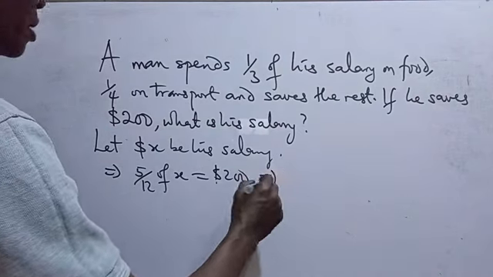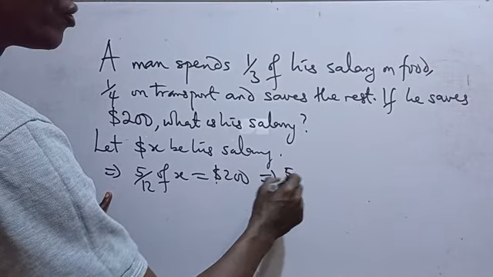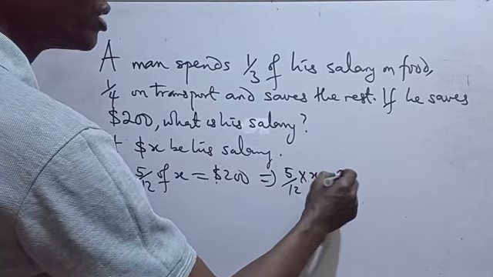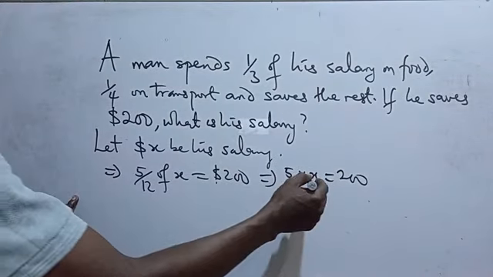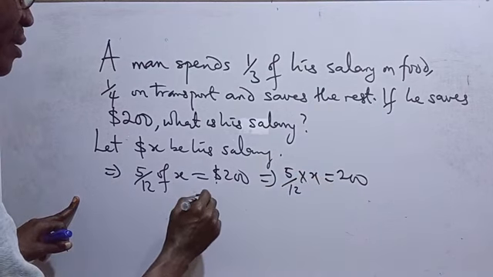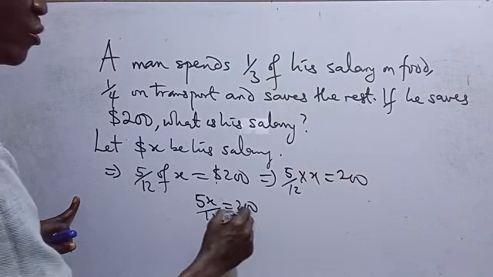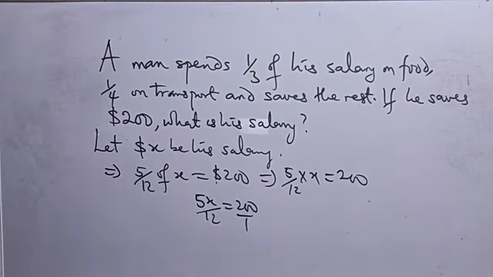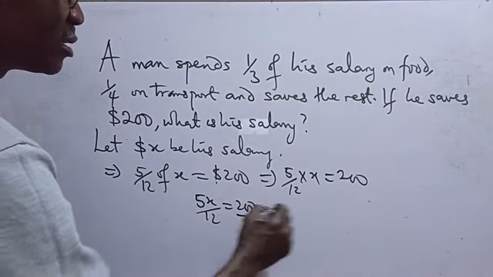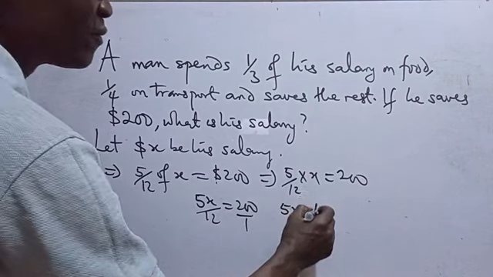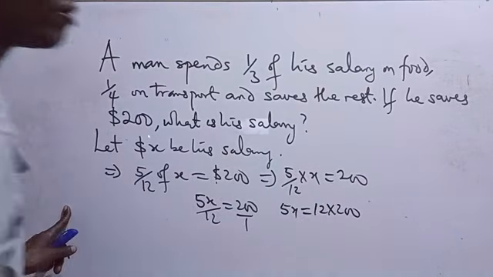So that implies 5/12 times X is equal to 200. By the time you multiply out, you have 5X all over 12 is equal to 200. So let's put 200 over 1 so that it will be balanced. Cross multiply here, you have 5X times 1 is 5X is equal to 12 times 200.